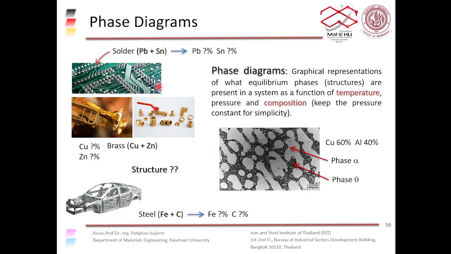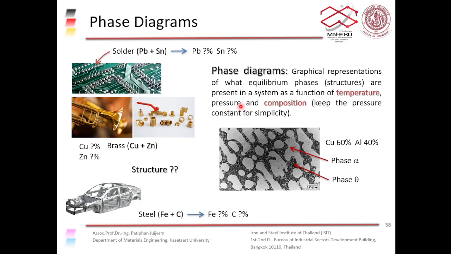That's why we need to use a phase diagram, right? Because a phase diagram is a graphical representation of what equilibrium phases or equilibrium structures look like as a function of temperature, pressure, and composition. But because we are working more or less at sea level, we keep the pressure constant.